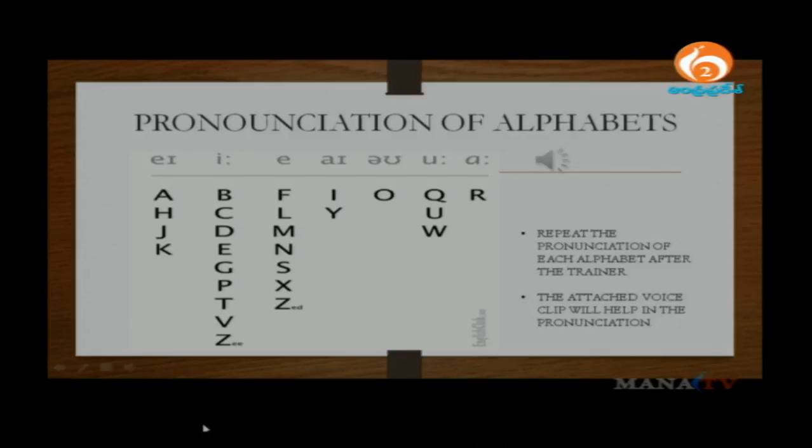Let me show you the sounds once again. The first set of alphabets is A, H, J, K. The second set is B, C, D, E, G, Q, U, W, and the last one is R. When you say R, you just have to remember that sound.